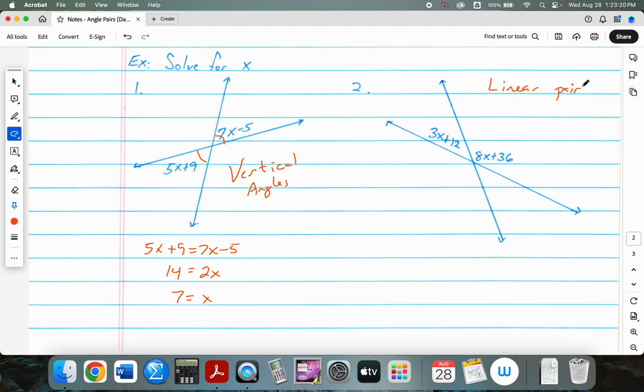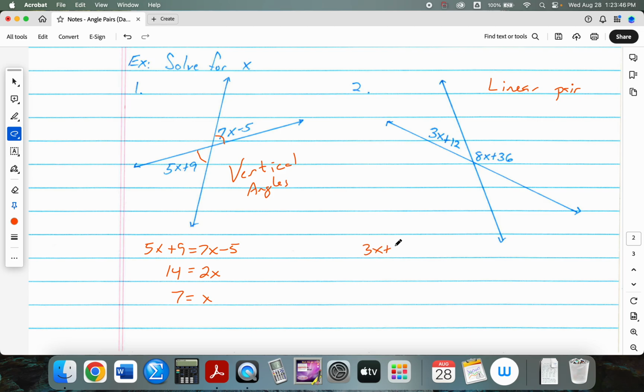What do we call those angles? They're supplementary. So what do we know about their measures? The sum of their measures is 180.